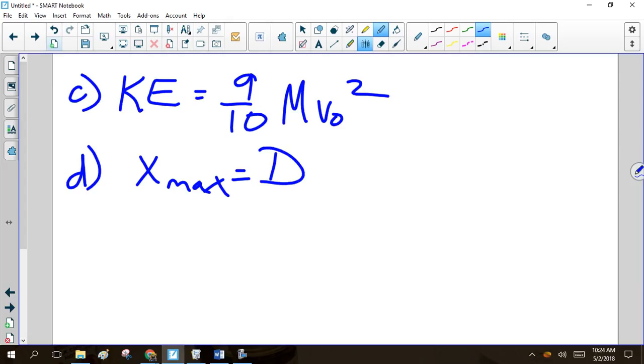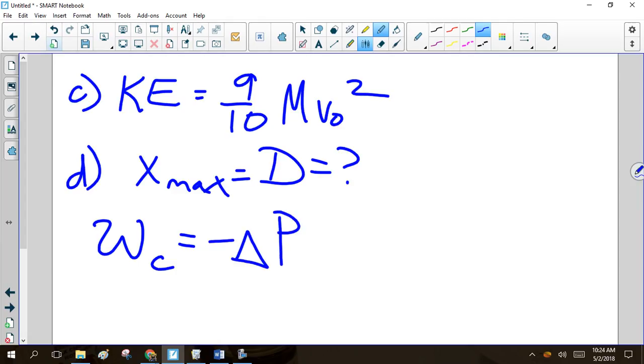And they want to know what that value is. All right? So at maximum compression, tell me something important about the energy. All EPE, right? So we need to come up with an expression for that EPE, right? So remember, you guys, the work done by a conservative force is equal to the opposite of the change in that potential energy, right? So that's how you get rid of the negative, because of that negative sign here. Cool?